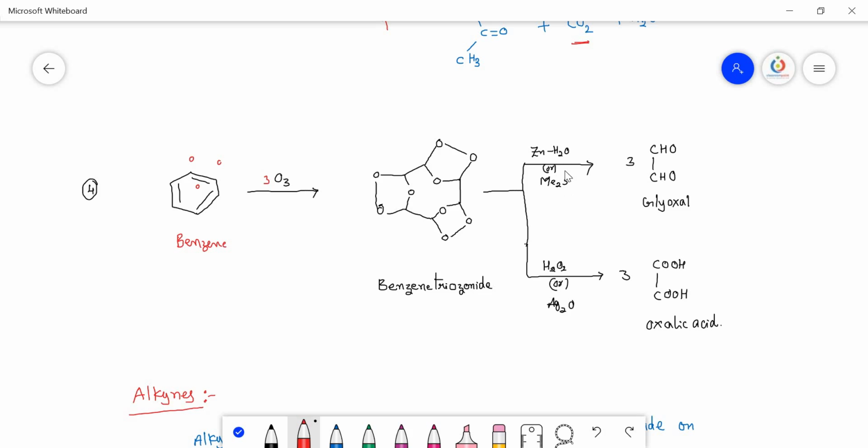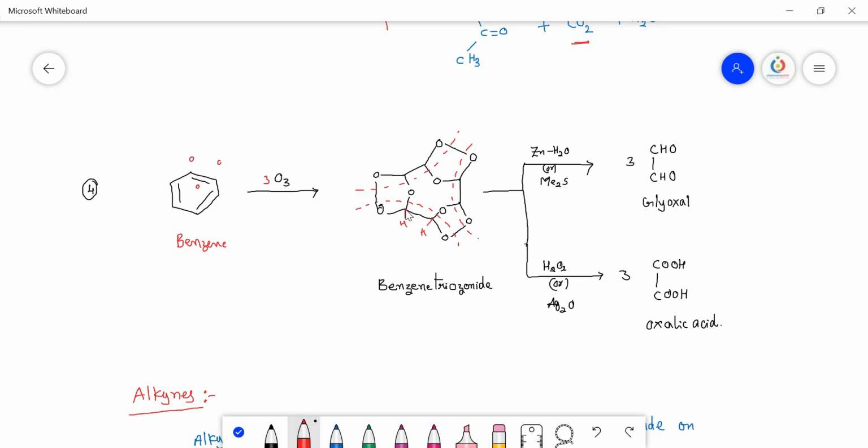Subject this one to reductive ozonolysis. In the case of the reductive ozonolysis, we have to do things like this. You break the bonds like this. So here hydrogen is present. To this carbon atom also hydrogen is present.